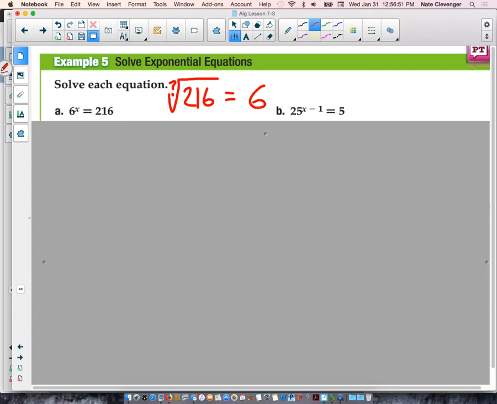Is it 3? Yeah, it's 3. So the cubed root, so x would equal 3. Another way to think about it, if you happen to have that memorized, is 6 to the x has to equal 6 to the third, so x equals 3.